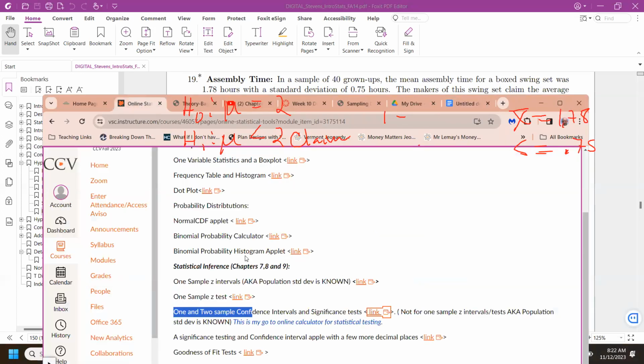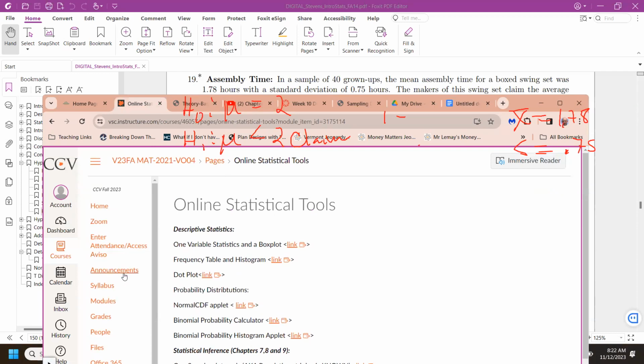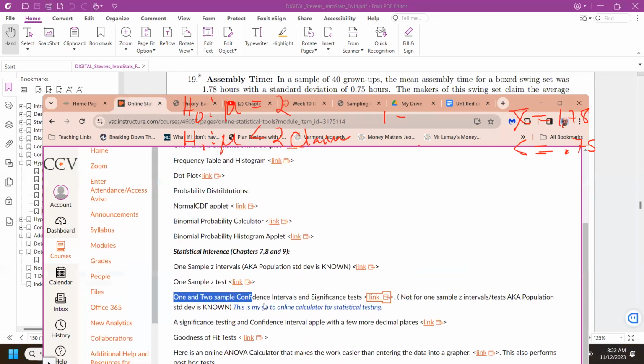You're going to find that right here in modules, course resources, online statistical tools. And this is the one for confidence intervals, t-tests, and one proportion, and then this is the one for one sample z-tests if you want to go that route.